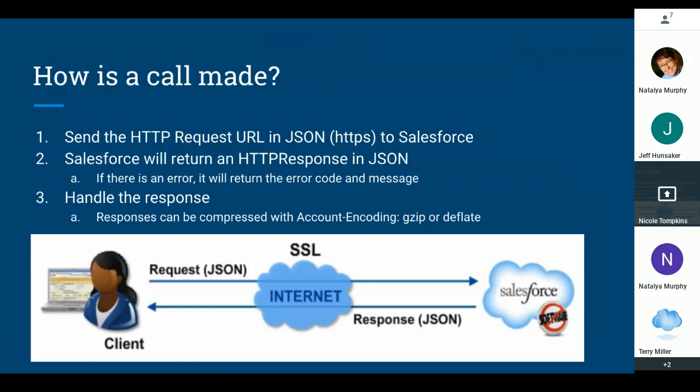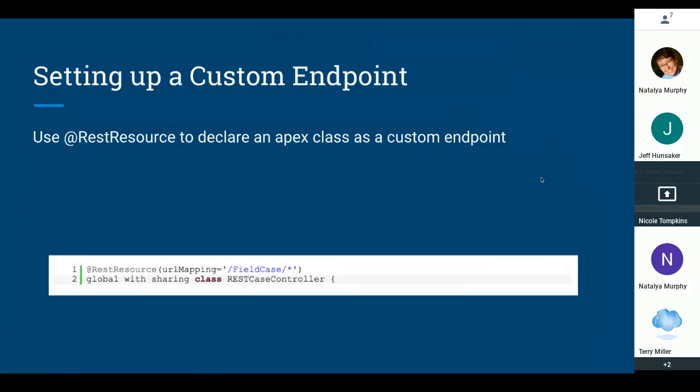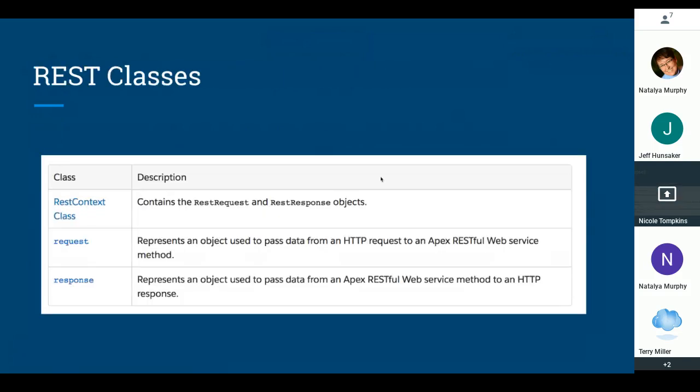Your responses can be compressed. I added that as well, with encoding. And then you can set up your custom endpoint using the @RestResource annotation to declare an Apex class as a custom endpoint. And then I did include also the REST classes that are available. So you have the RestContext class, which contains your RestRequest and your RestResponse objects.